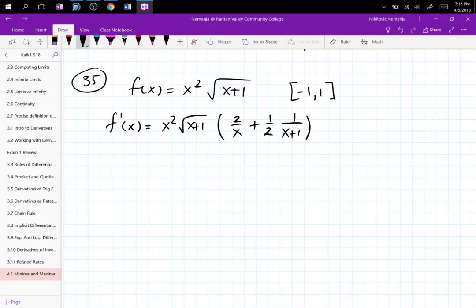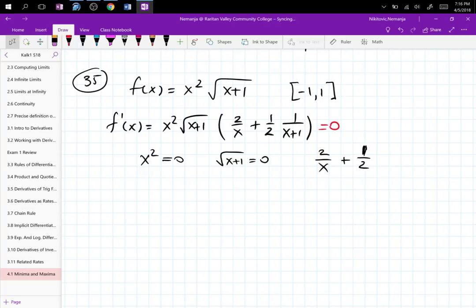So now, when I have this, I set this equal to 0. I have x squared equal to 0, the square root of x plus 1 equal to 0, and 2 over x plus 1/2 times 1 over x plus 1 equal to 0.